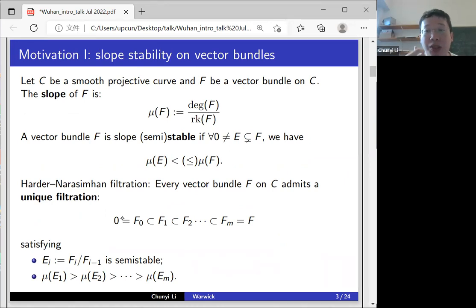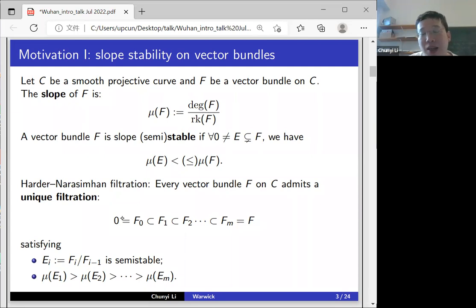The more original ones are from mathematical physics and homological mirror symmetry. But as I'm an algebraic geometer, I don't quite understand the motivation from that side, and I don't want to pretend that I understand. So I'll talk about two motivations for this definition from the mathematical side.